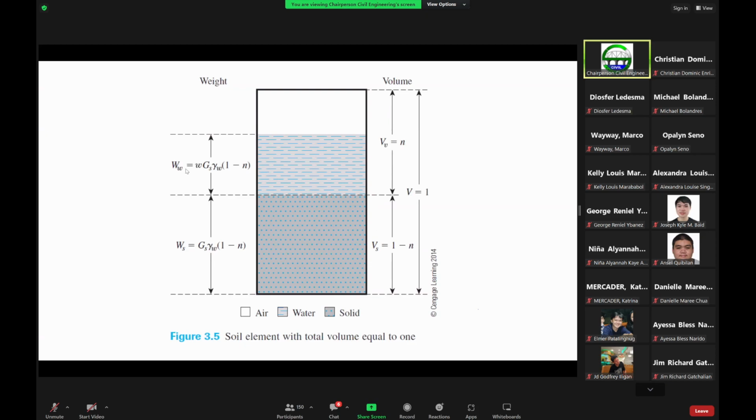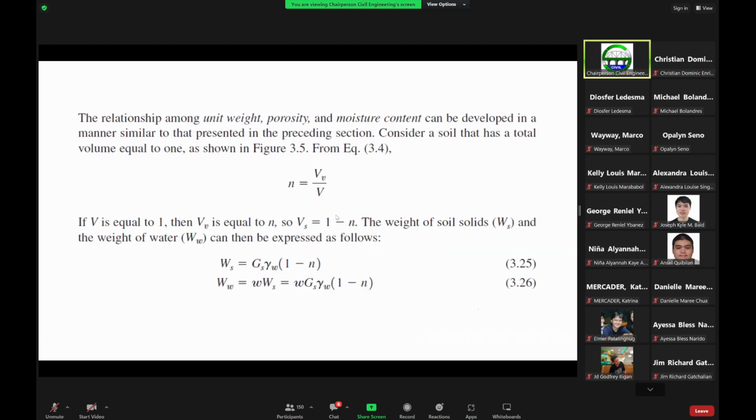And then for the weight of water, it is equal to the water content times the specific gravity of the soil solids times the unit weight of water multiplied by the volume of the soil solids, which is 1 minus n. So that's this one here.